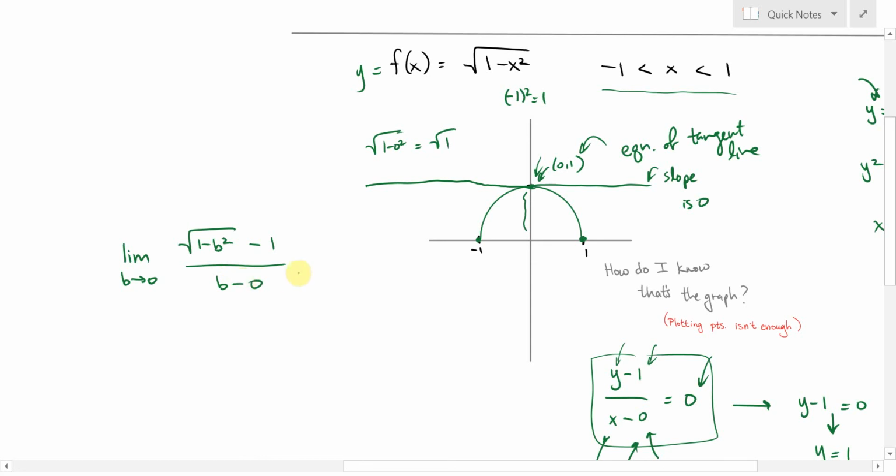Right? So you would have gotten this horrible limit, the limit as b approaches 0 of the square root of 1 minus b squared minus 1, all over b. And that's the slope of that line.